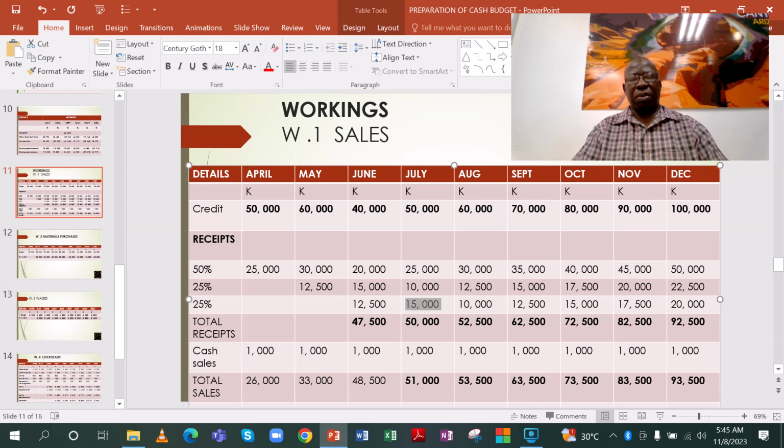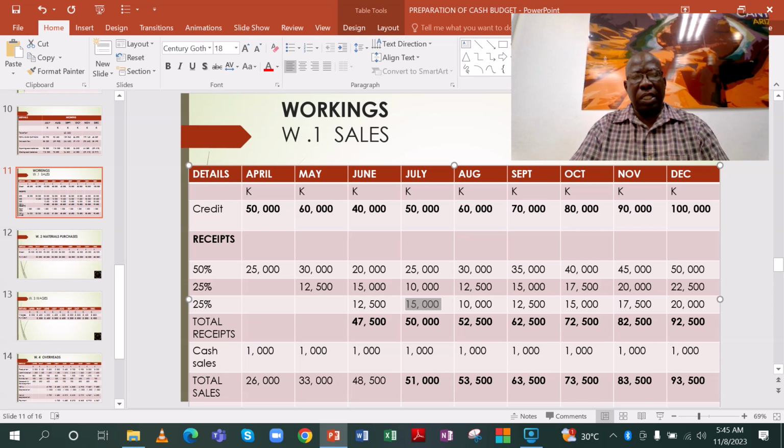So now, when you look at the total receipts from credit sales and add them to the cash sales, we're going to come up with the last row, which is total sales receipts.